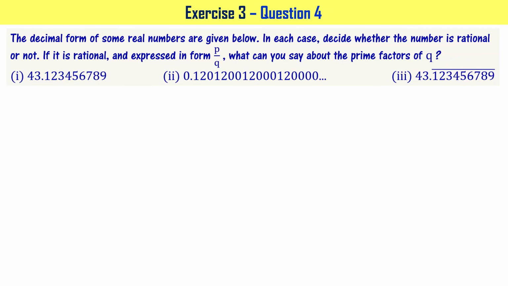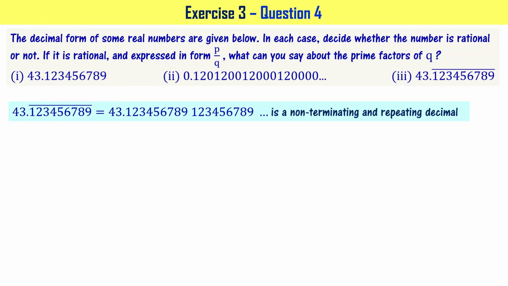0.43 with 123456789 under an overbar. It means I can write 123456789 as many times. When you have these three dots, it means that it is a non-terminating decimal expansion, right? Look at this. These particular digits are repeating. That's why you have an overbar here, right?